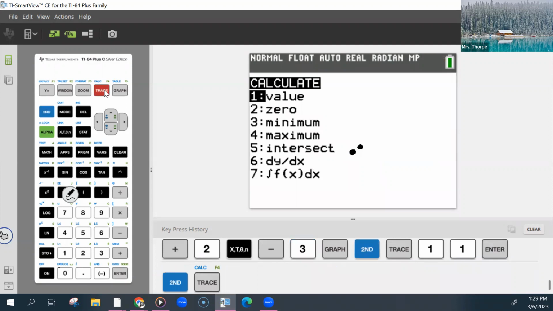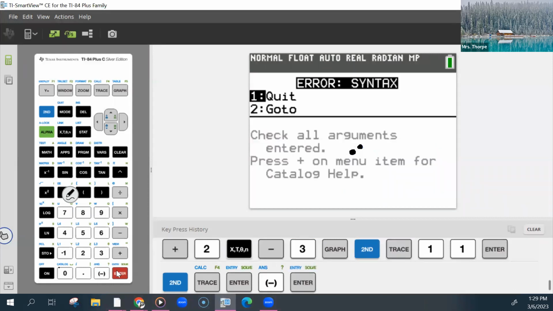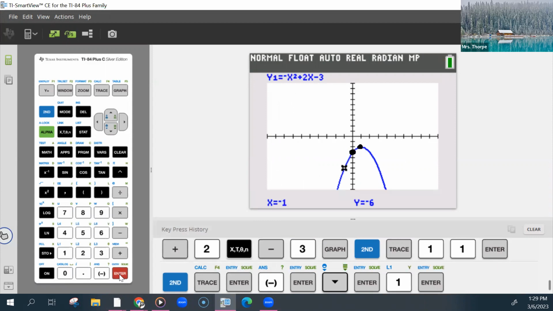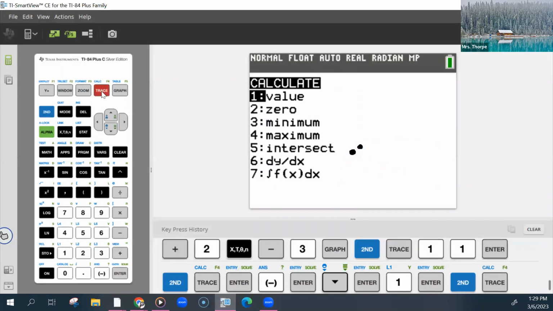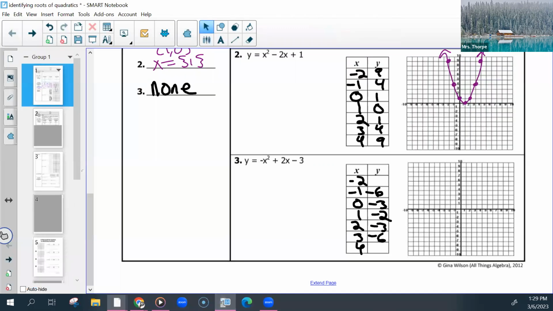Second trace, the value when x is -1. -6. And then we just have to find the last one. So you can put a -2 or +4, does not matter. -11. Could be that one.